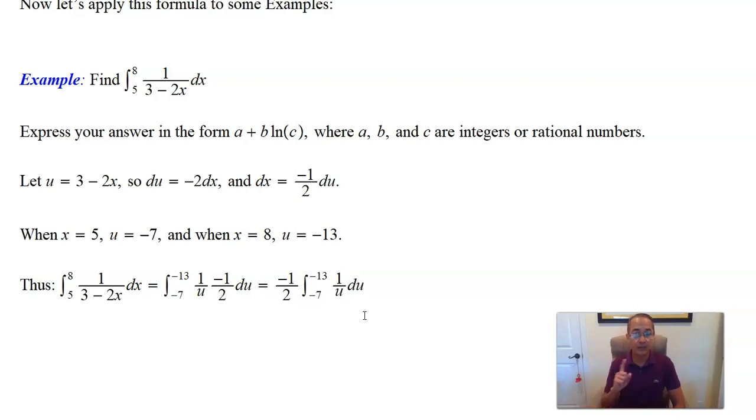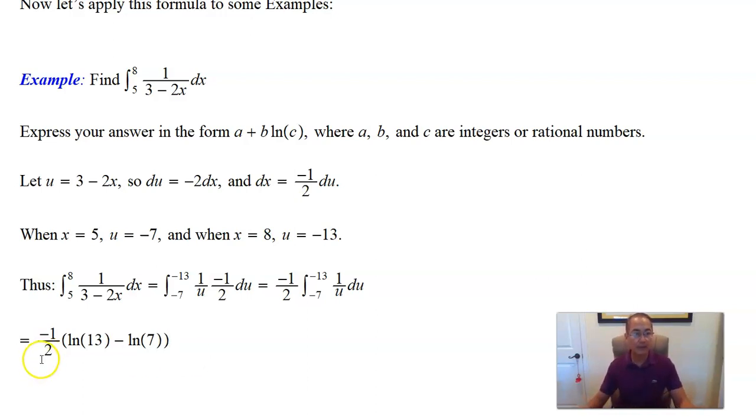Okay. And this is where the absolute value is very important. So you cannot plug in negative 13 directly into our ln function. You must take the absolute value. Okay, so you have negative 1/2 of ln of positive 13, take the absolute value, minus the ln of the absolute value of minus 7, which is positive 7.